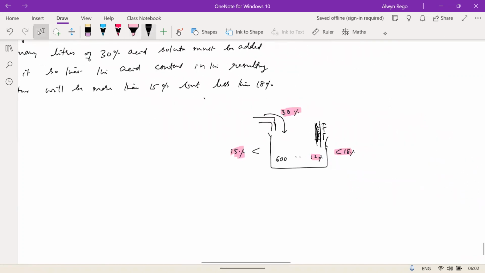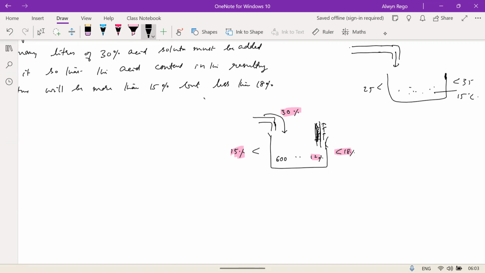This problem actually sounds similar to having, let's say, cold water at 20 degrees or 15 degrees Celsius, and then you have a boiling water tap, or another bucket of hot water. How much boiling water should you add so that the temperature of the water is just warm, let's say more than 25 and less than 35, for a wash or something.